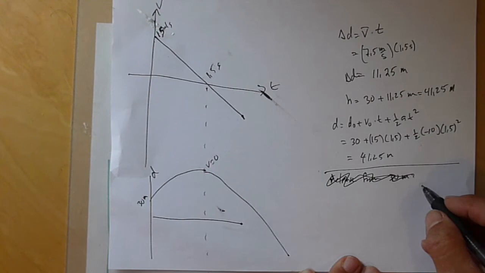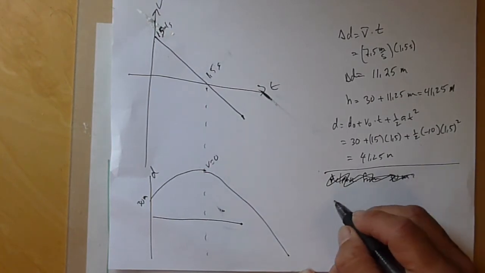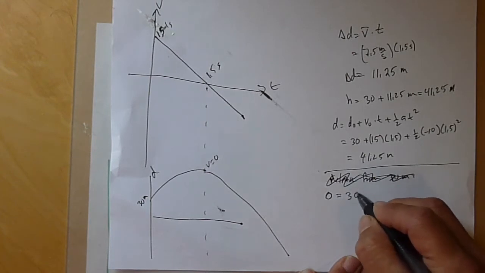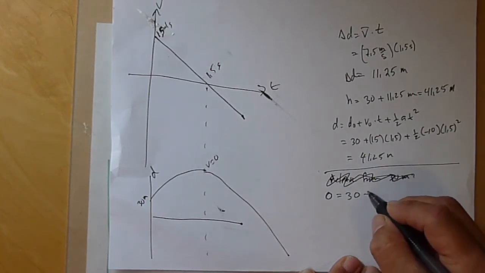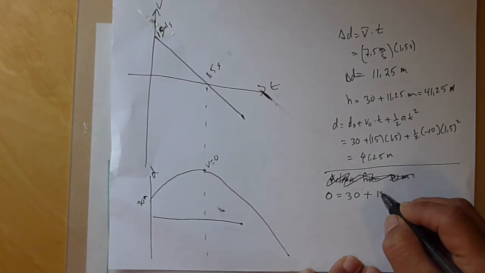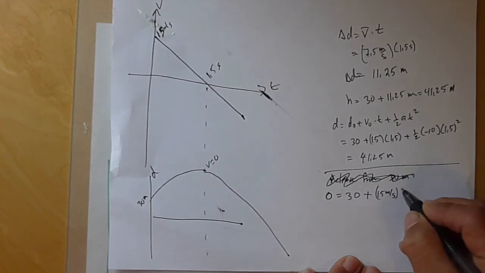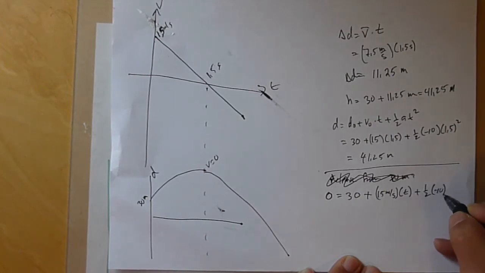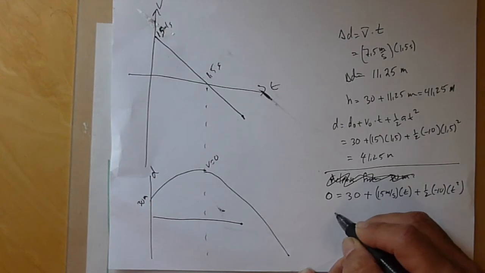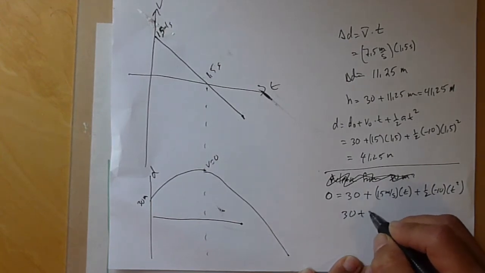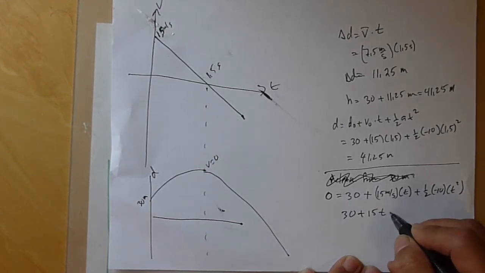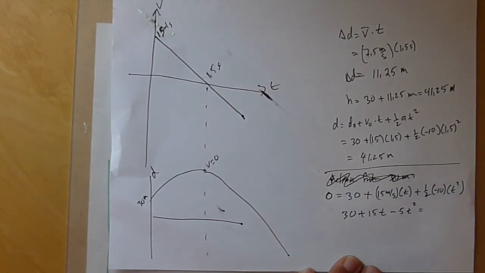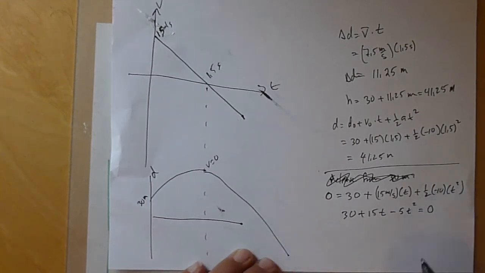And just to make one final point, I guess the other question is, when does it hit the ground? To get that answer, I could say the final position is 0, the initial position is 30, plus initial velocity 15 meters per second times t, plus 1/2 times minus 10 times t squared, and so I end up with a quadratic: 30 plus 15t minus 5t squared is equal to 0.